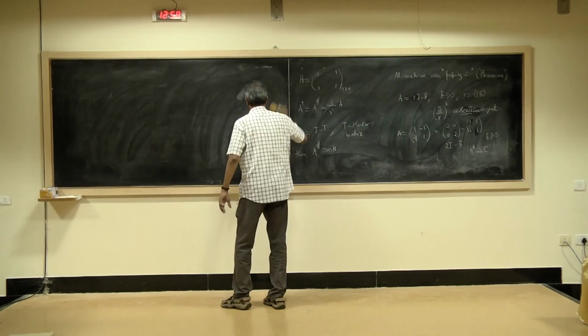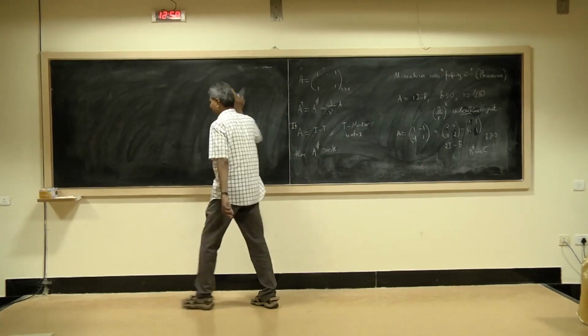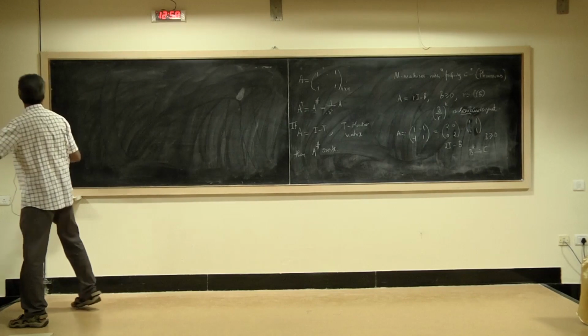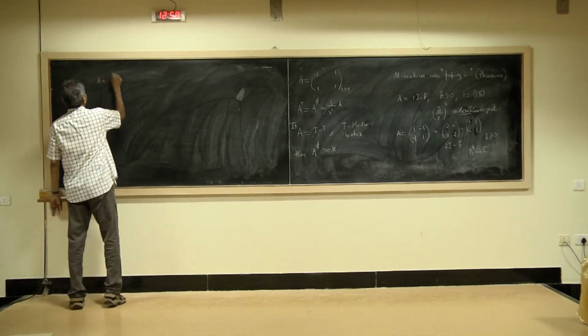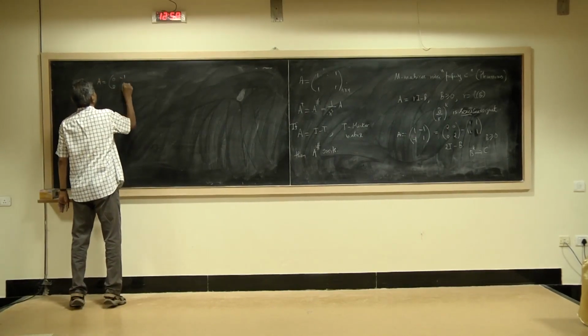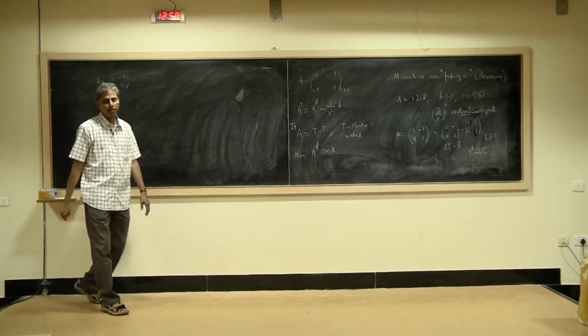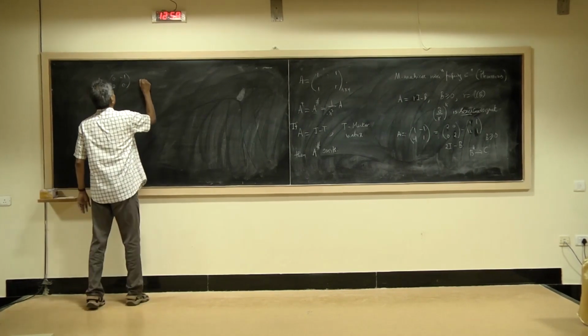So there are M matrices which may not have property C, singular. Take this matrix 0 minus 1 0 0. Show that this is an M matrix indeed.